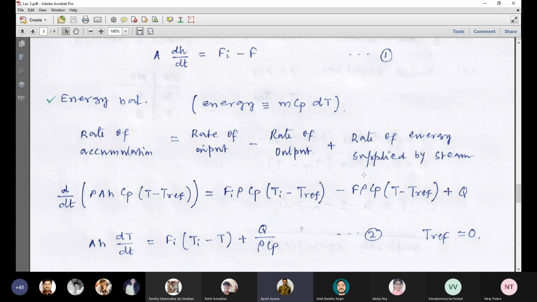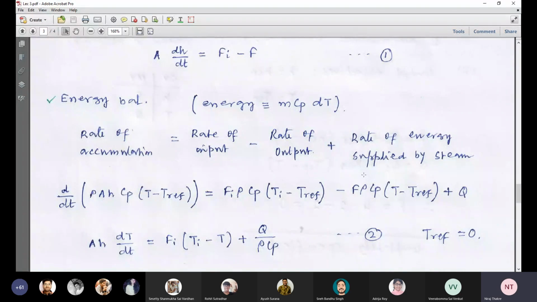Yes, sir. It's cancelling. Yes, sir. Substitute T reference equal to 0 and divide both sides by rho Cp.